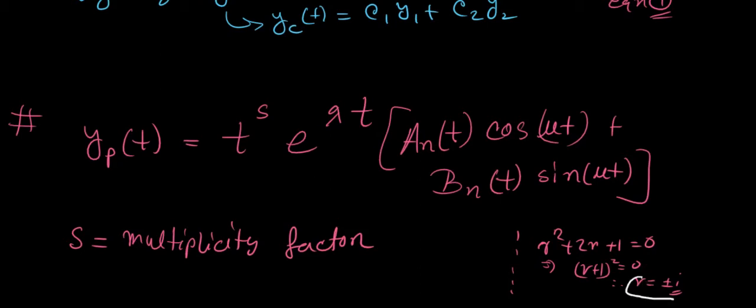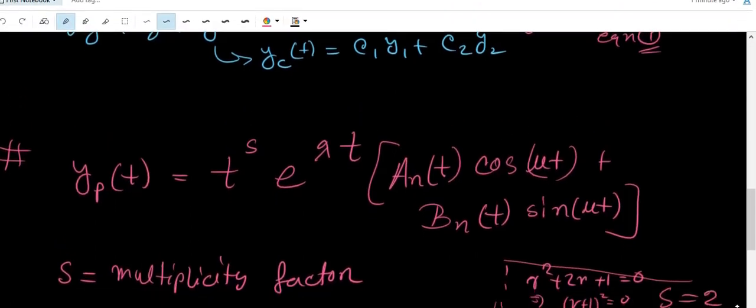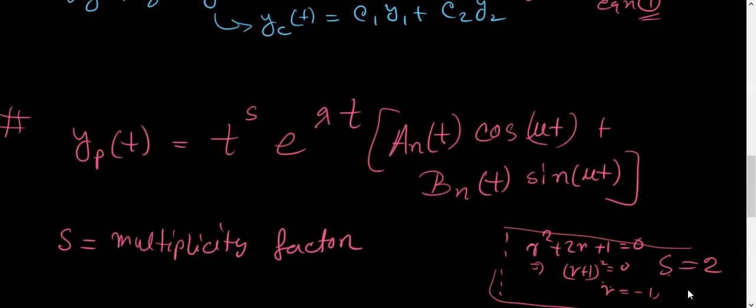You will have r equals minus 1, but this is a second degree equation, and it should have two roots, but this time the root is repeated 2 times. So here s will be 2. This will become clearer when we discuss another example.